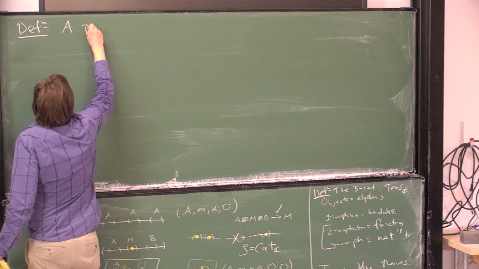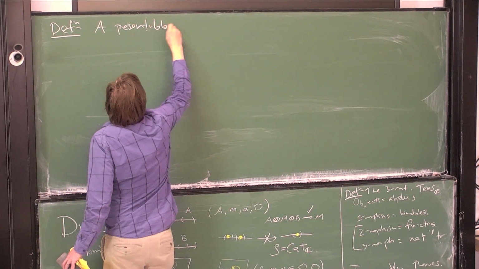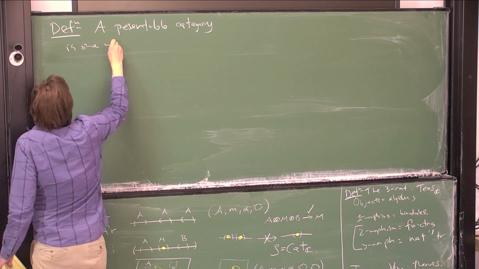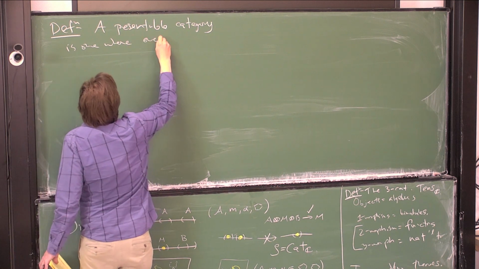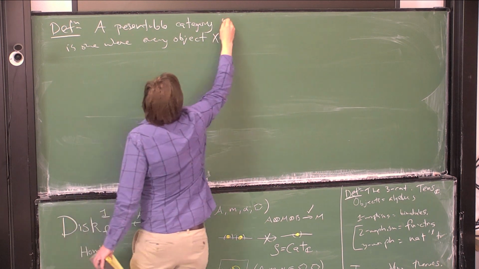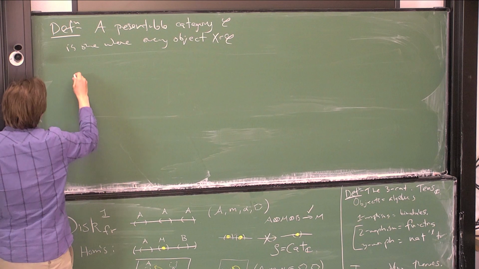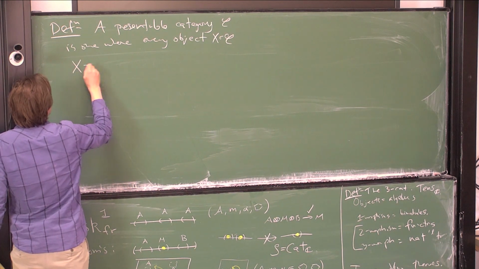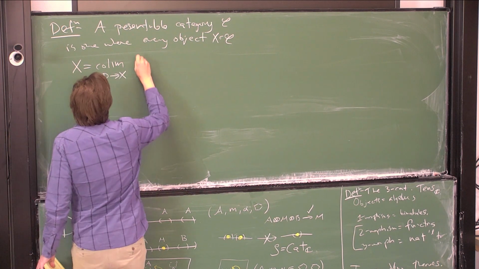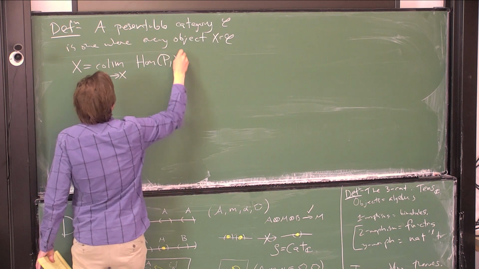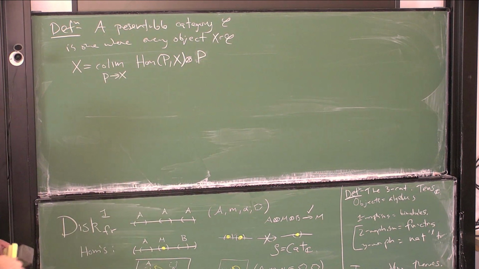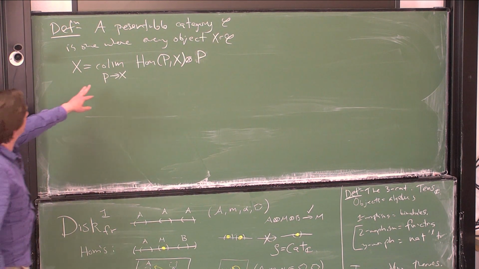Okay, so a presentable category C is one where every object X can be written as the colimit over all the projectives mapping to it of Hom(P, X) tensor P. This might look a little bit technical.